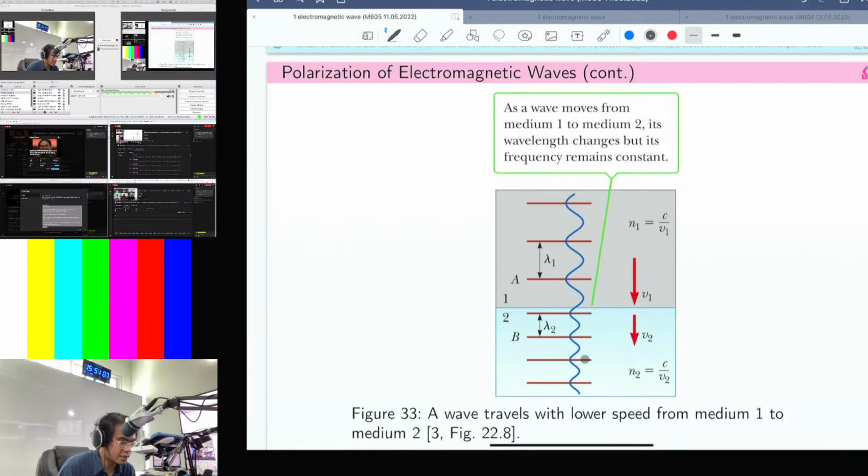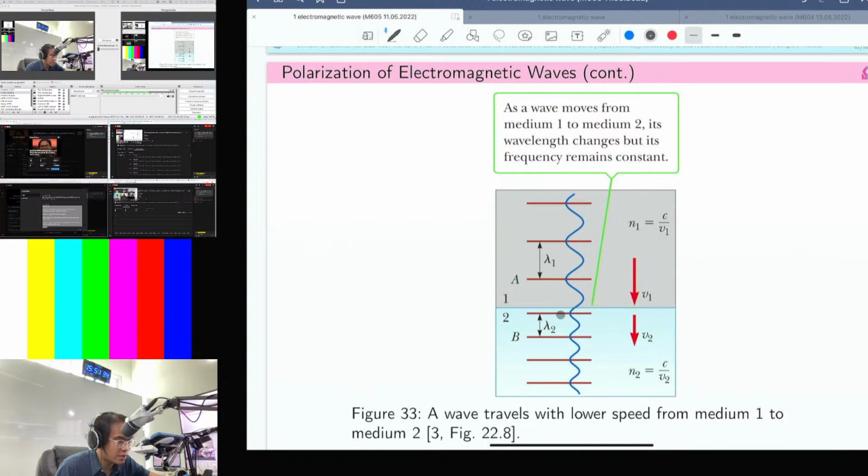But once it moves to the second material, the amplitude is reduced. You can see the peak is reduced, and the distance between this bar and this bar also decreases. Lambda 1, the big one, now turns into lambda 2. Lambda 2 is smaller than lambda 1.